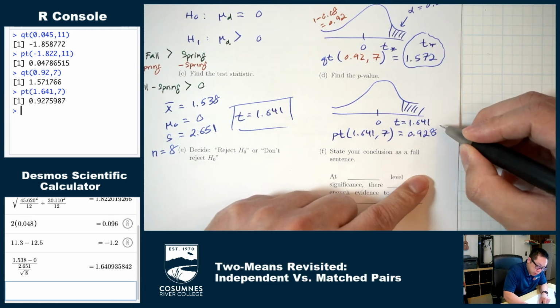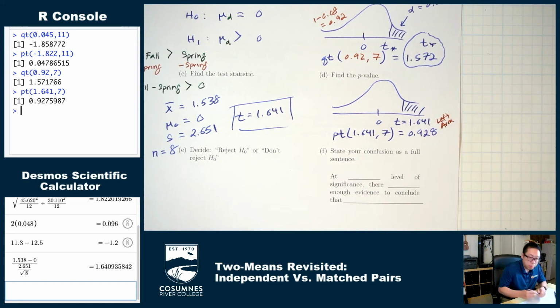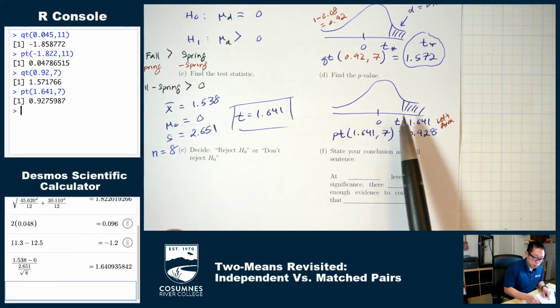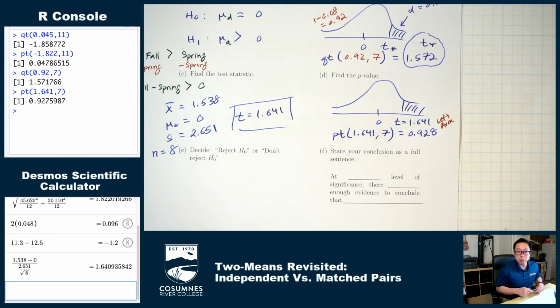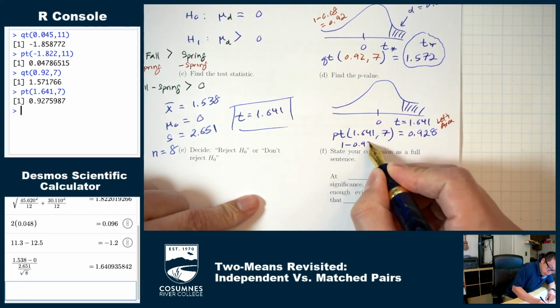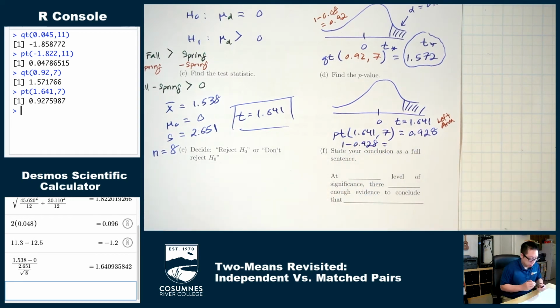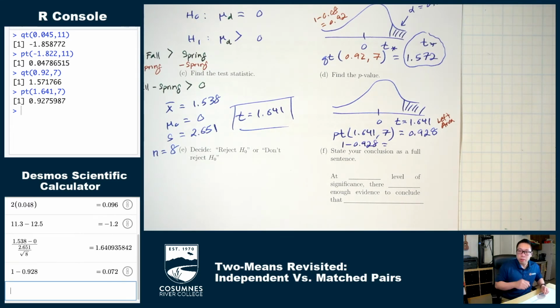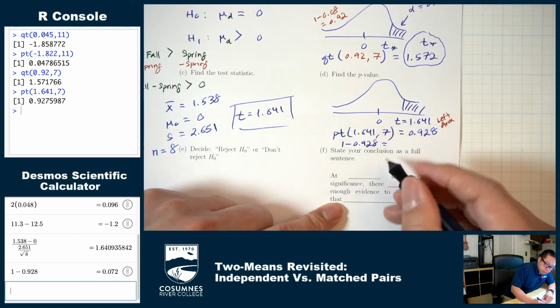This 0.928 is a left area, but I'm not looking for a left area. I'm looking for the area to the right, which means I'll need to do a 1 minus here. So 1 minus 0.928 is 0.072.